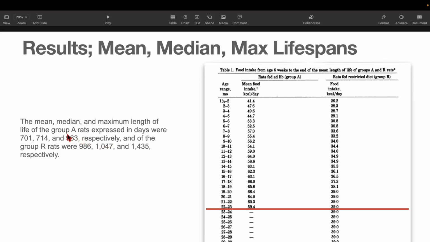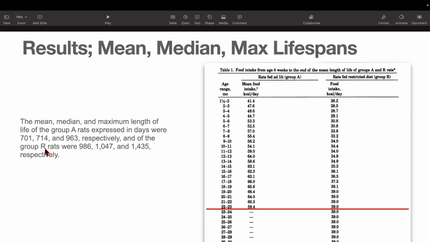So for the ad libitum rats, the rats fed as much as they wanted, the average number of days that the rat lived was 701 days. The median amount was 714. And then the maximum length of time that one of the rats in the ad libitum group lived was 963 days.